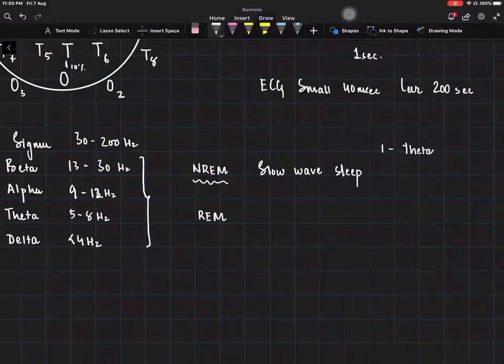In the second stage, you will have K complexes and sleep spindles. This is a question that they will ask in your paper A. It's a favorite one. K complexes and sleep spindles are found in which phase of sleep, and they'll give you all these options. And in the third and fourth stages, again, you will have mostly delta waves.